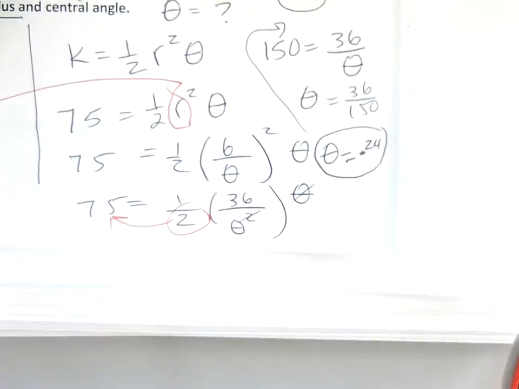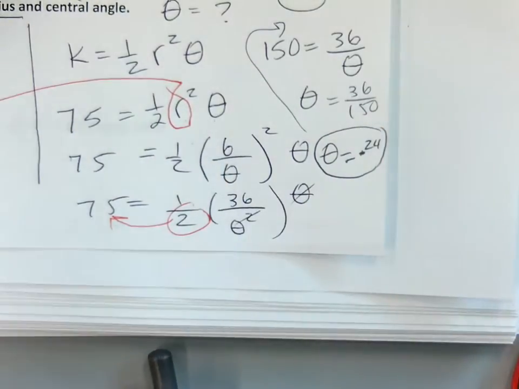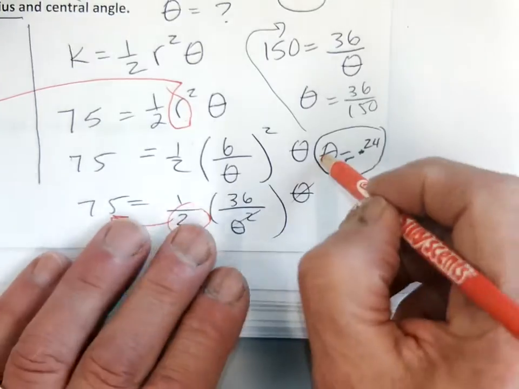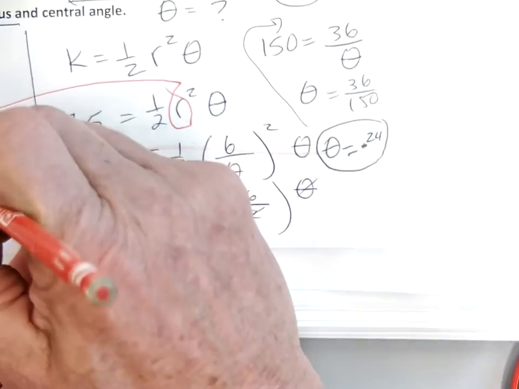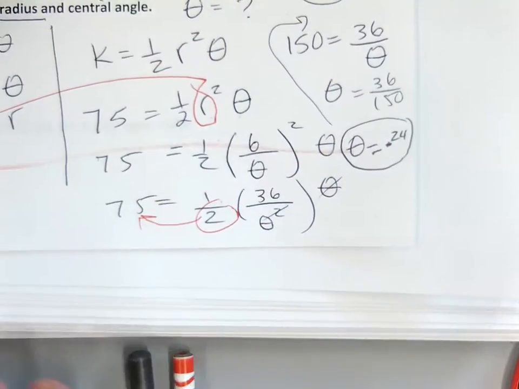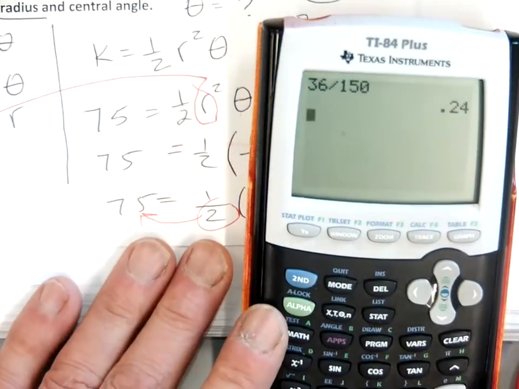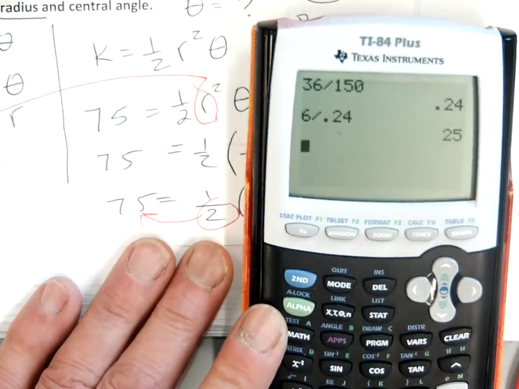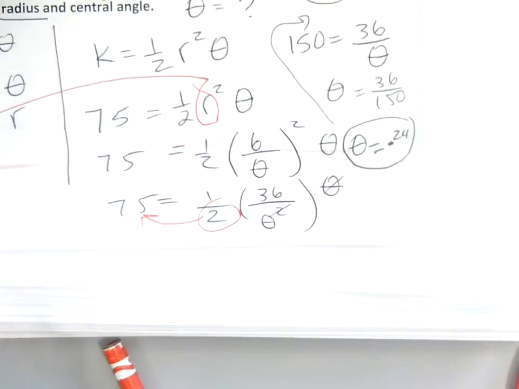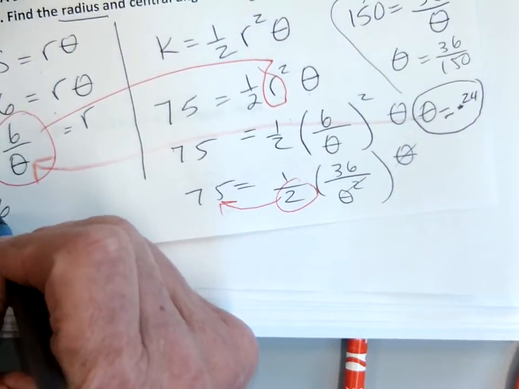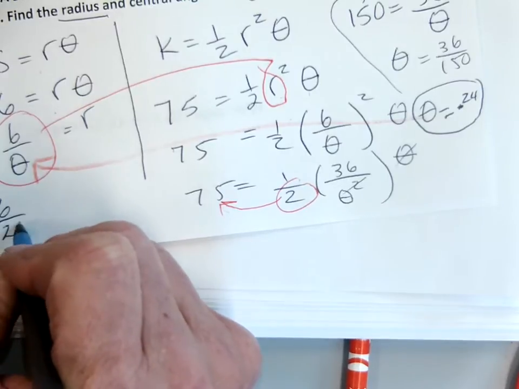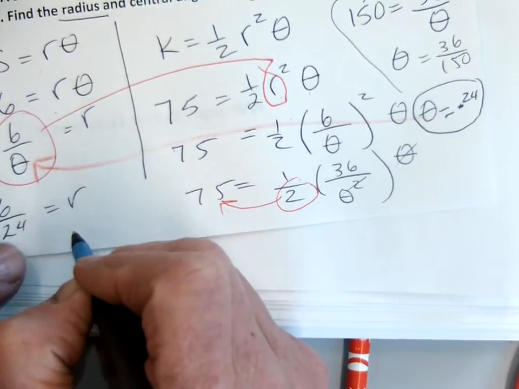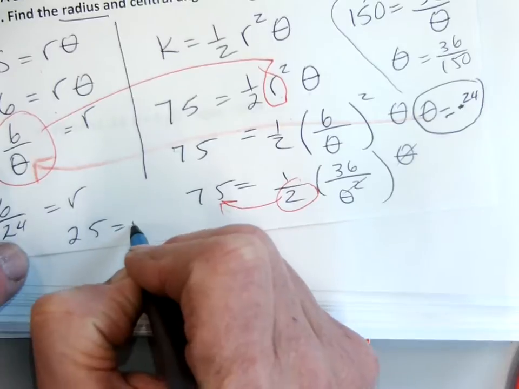Now what if I want the radius? This is getting easier now. I can put this 0.24 over here and get the radius. So 6 divided by 0.24 is 25. My radius is 25.